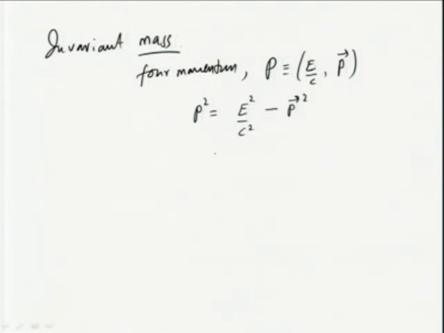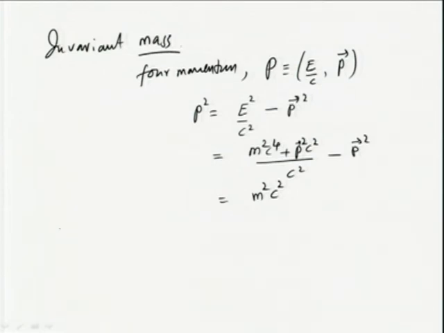But then we know that E square is m square c to the power 4 plus p square c square. So, divided by c square minus p square, that will give me m square c square essentially. So, the 4 momentum square is m square c square.